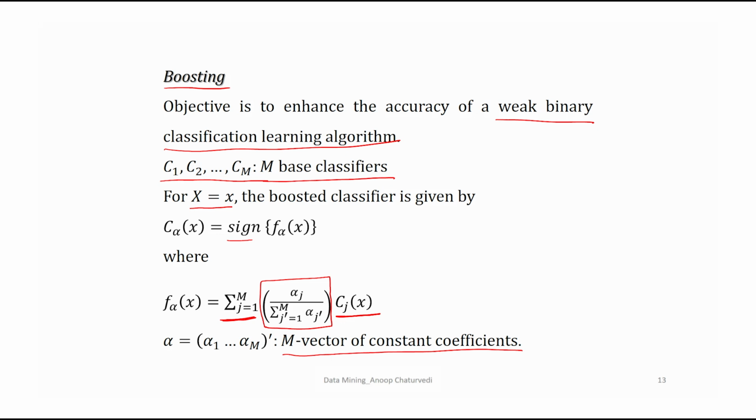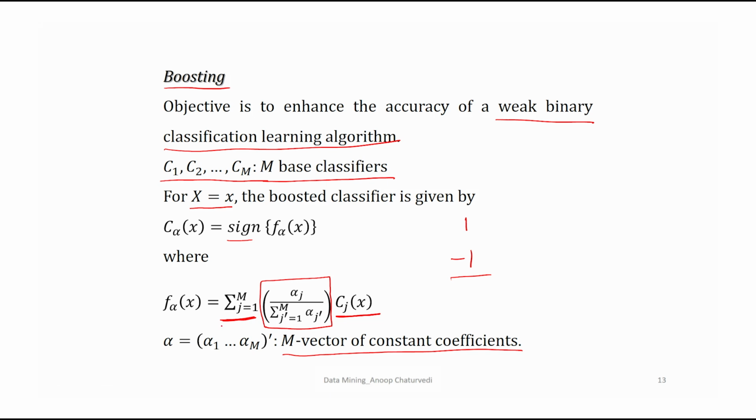Say these base classifiers are taking values 1 and -1. It takes value 1 if an observation belongs to a particular class, say the jth class, and it takes value -1 if the observation does not belong to the jth class.